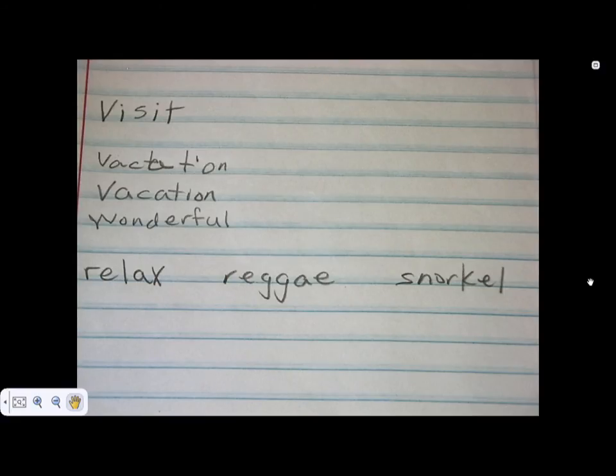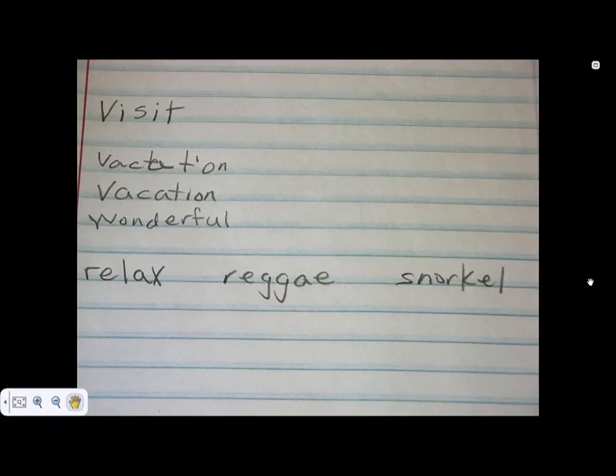And be sure to read along with me. What do you like to do on vacation? Relax, eat good food, listen to reggae music. Then Jamaica, an island in the sun, is a wonderful place for you.